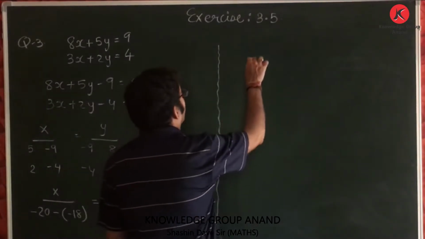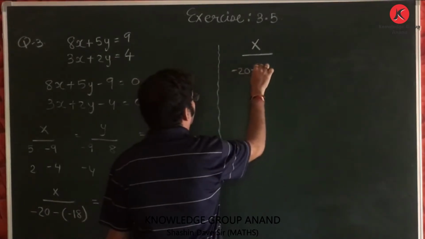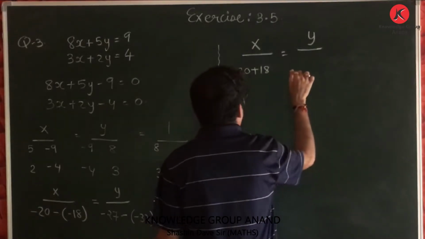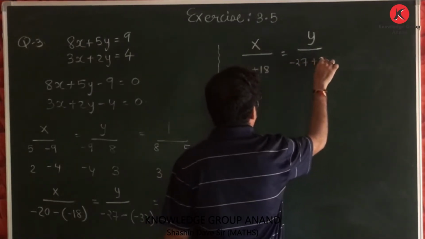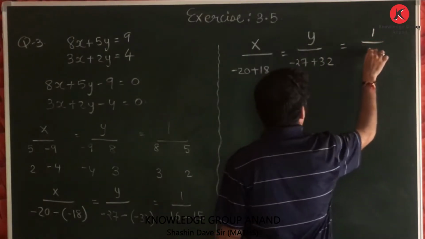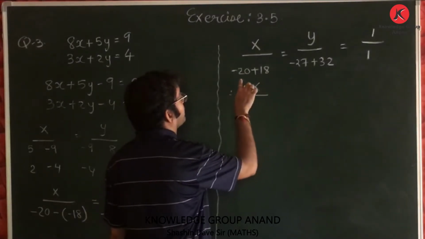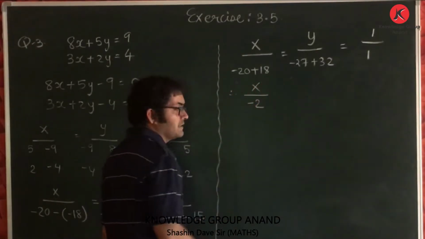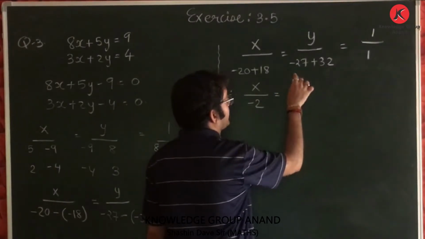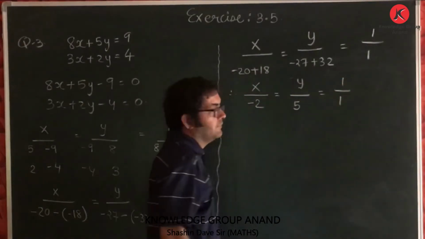So I will have x upon minus 20 plus 18 is equal to y upon minus 27 plus 32, and 1 upon 16 minus 15 is 1. So now we have x upon minus 20 plus 18 gives minus 2 is equal to y upon 32 minus 27 gives 5 is equal to 1 upon 1.